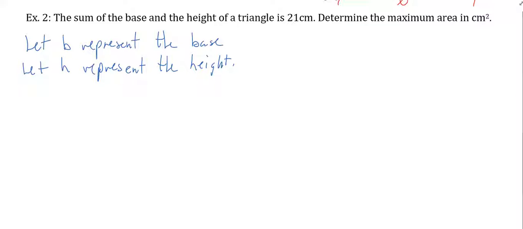So if I have these two variables, b and h, and it says the sum, what does sum mean? Yeah, adding them together. The sum of the base and the height, add them together, b plus h. And then it says is 21. So that equals 21.